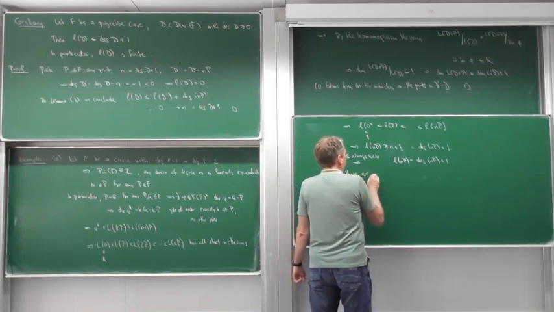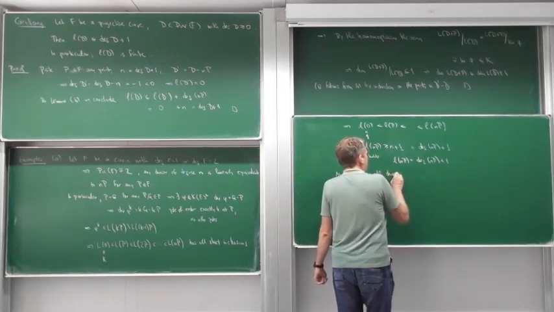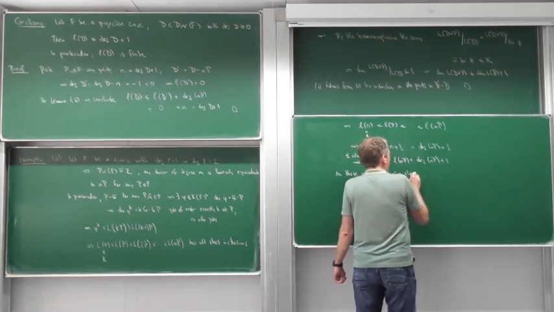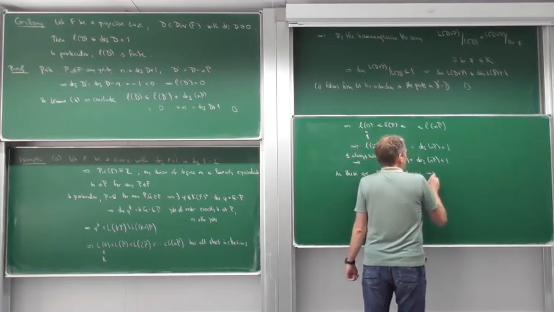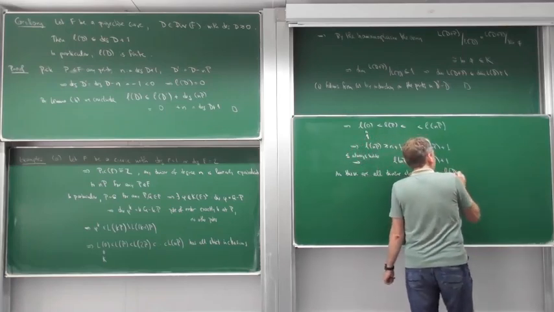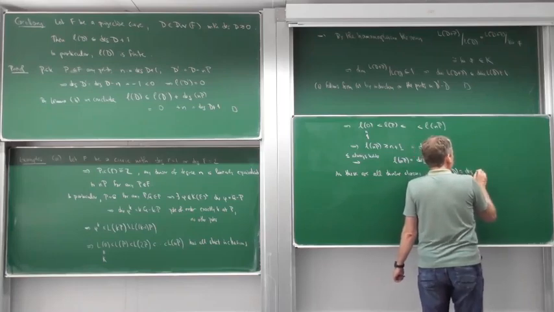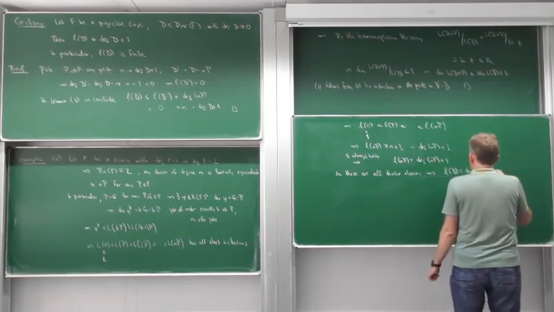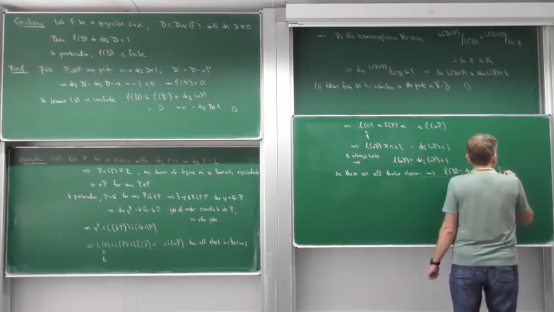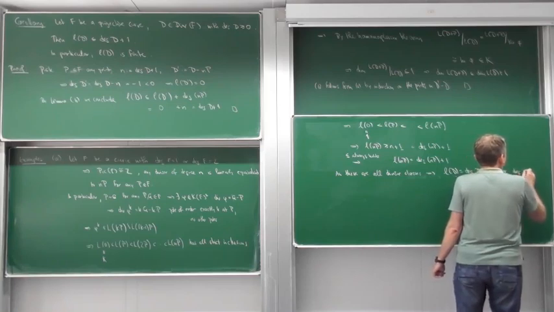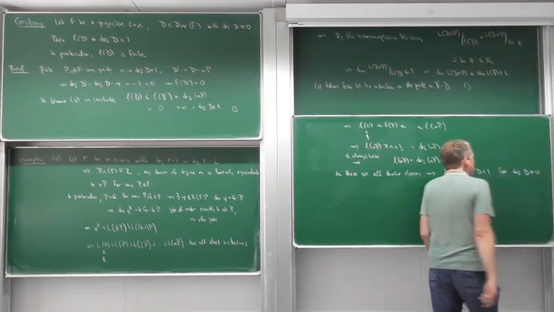So if these are all divisor classes, we conclude that L of D is always deg D plus 1 for deg D greater or equal to 0 in this case, right?